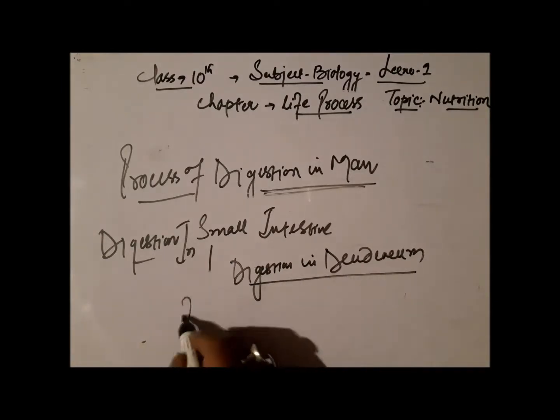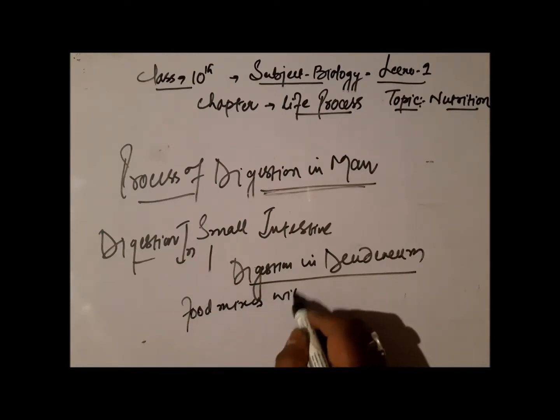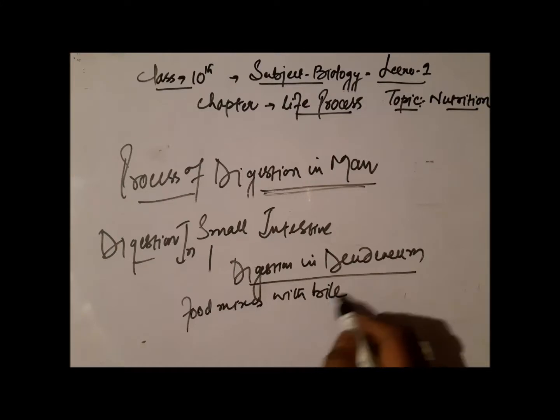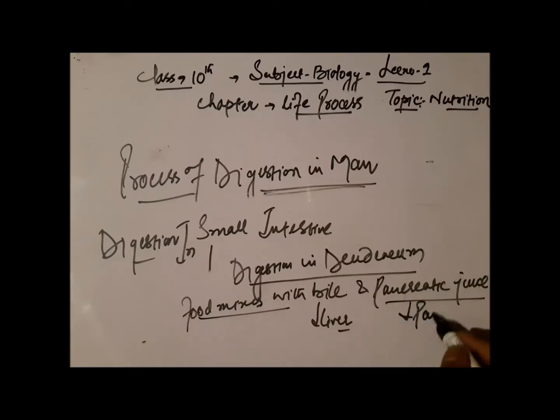In the duodenum, food mixes with bile secreted by the liver and pancreatic juice secreted by the pancreas.